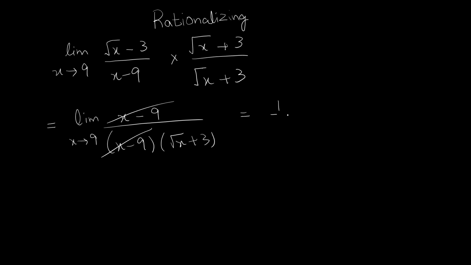And the final answer is 1 over 3 plus 3, 1 over 6. So rationalizing is one method you must know because the exam likes to show at least one root-based simplification somewhere in the functions or algebra.